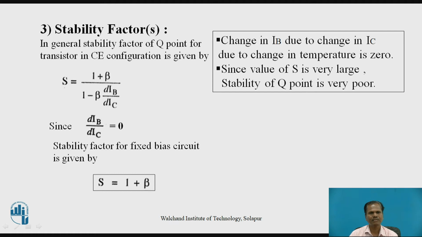The base current will not change to control the value of collector current. So, the change in base current due to change in collector current for a fixed biasing circuit is equal to 0.